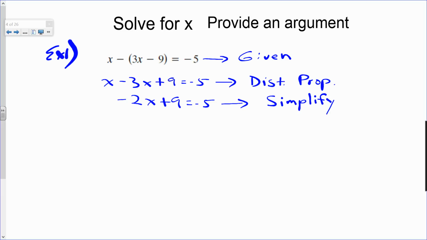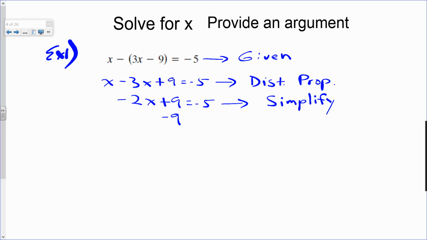Who got it there? What should I do now to both sides to solve for x? All right, Ms. Gonzalez, what do you think? What should I do to both sides to solve for x? Subtract 9. So now I'm going to subtract 9 from both sides.